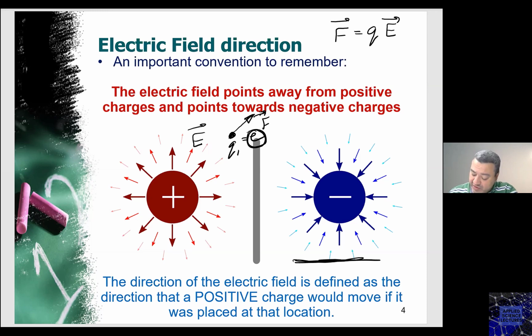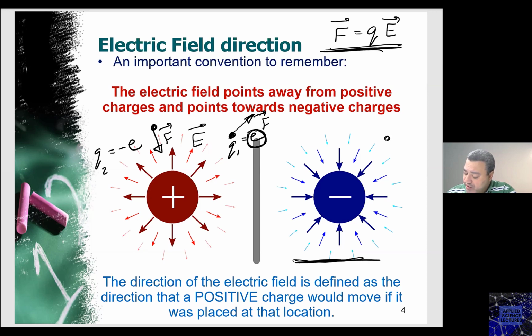Now, if this charge is negative, based again on this expression, the force will be in the opposite direction to the electric field. So the force will be pointing this way. Now, if we apply this also on the chart, in the existence of the field for a negatively charged particle, the same expression applies.